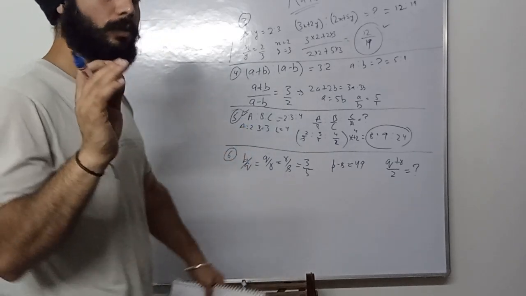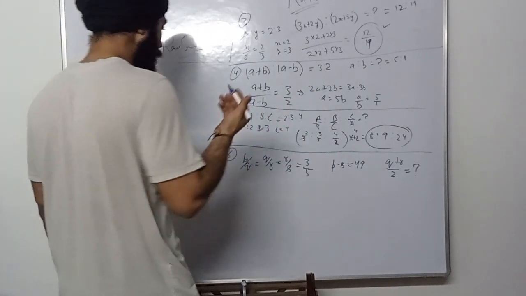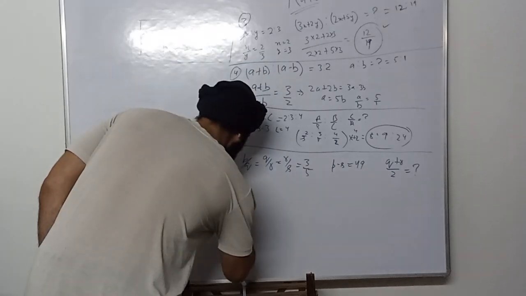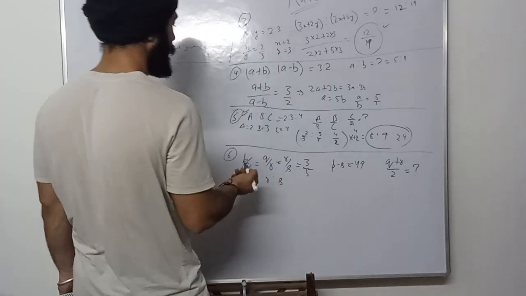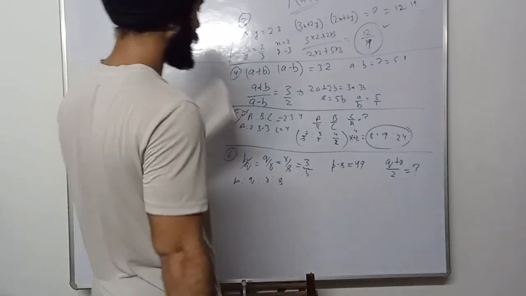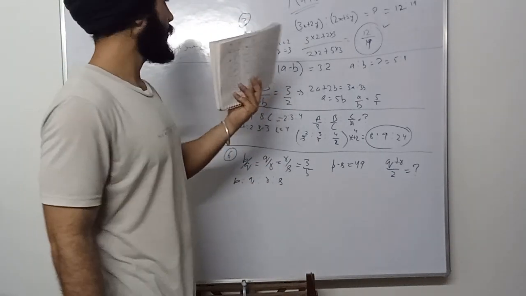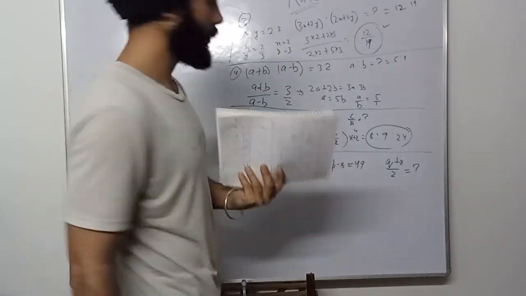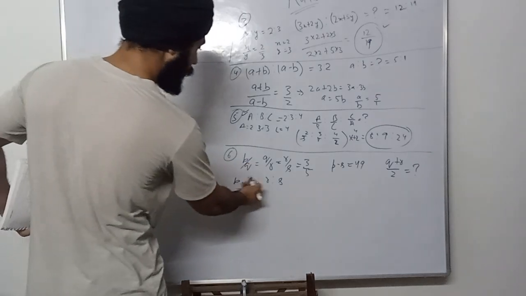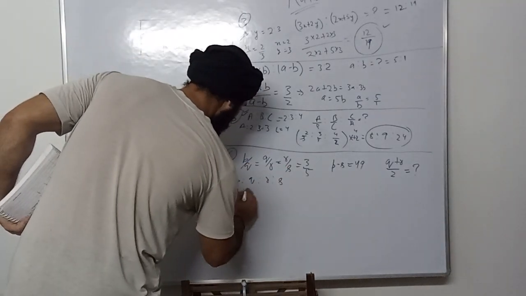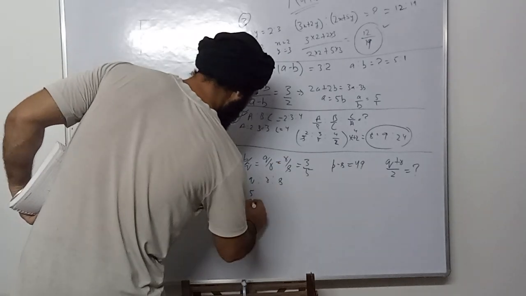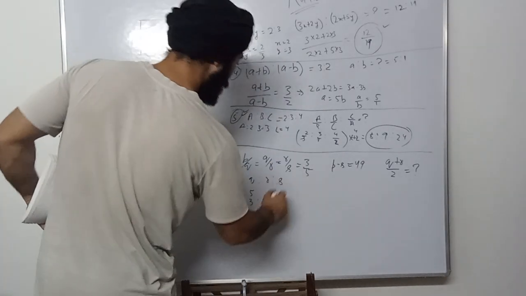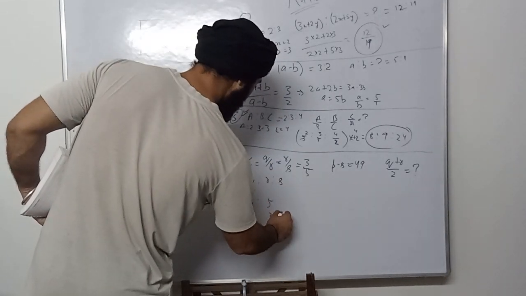So now we need to find the P ratio Q ratio R ratio S. We can find it by the method of what we have learned in question number 1. So P ratio Q is equals to 3 ratio 5. Q ratio R is equals to 3 ratio 5. R ratio S is equals to 3 ratio 5.